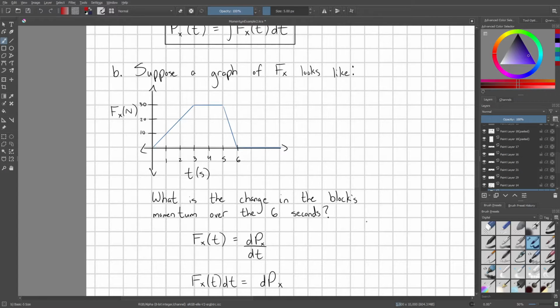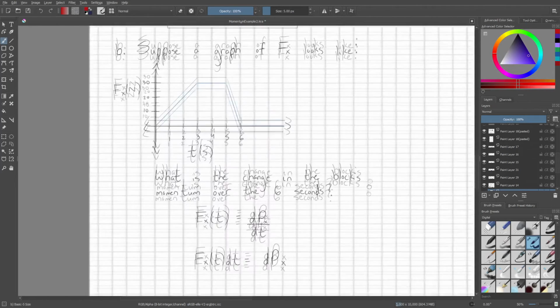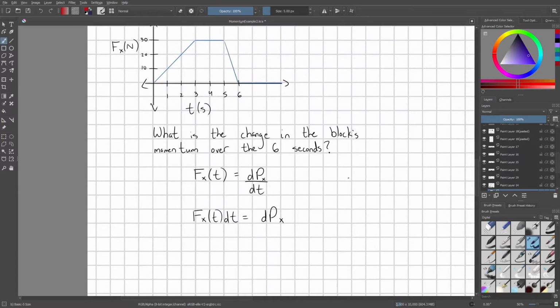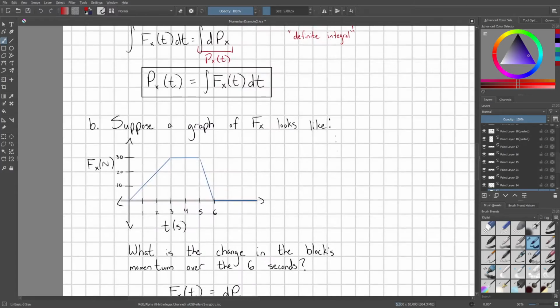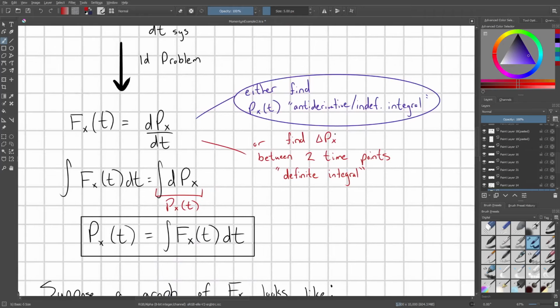So in order to do this, we're just going to rewrite our same differential equation from before. Remember how I said there's always two routes that you can go once you have a differential equation. You can find some general expression using an antiderivative, or you can find a change in the momentum in this case between two time points via a definite integral.